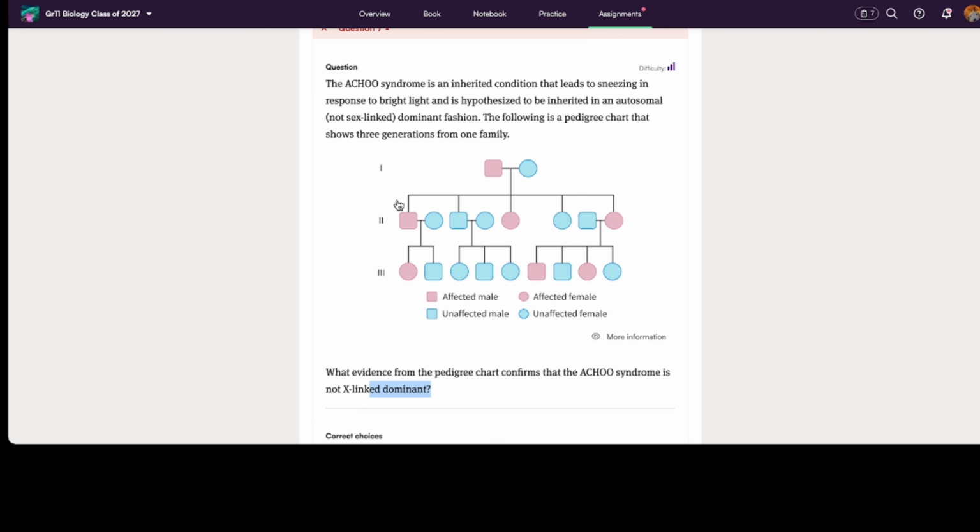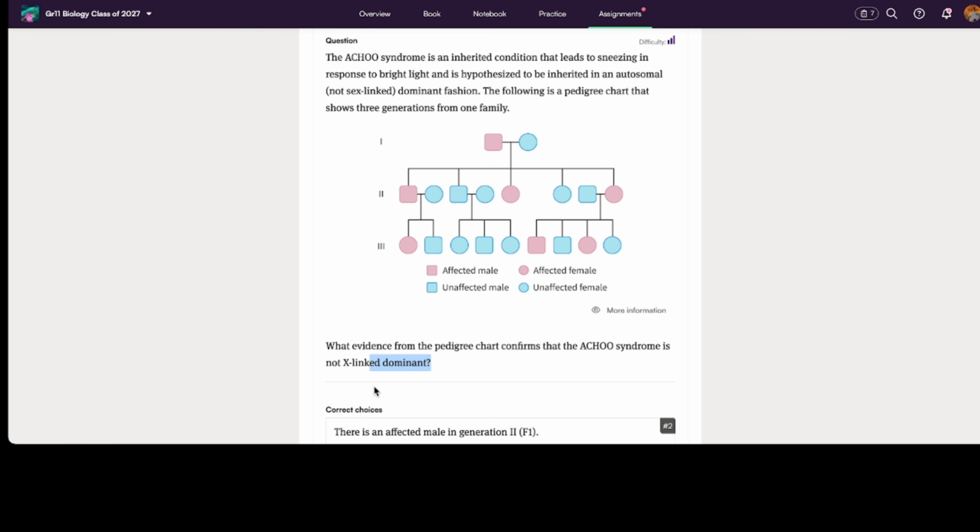So we see that there's an affected male in F1, and that proves that it is not X-linked dominant, because if it was, the son should not be able to get this since the mother is healthy. So we know for sure that the mother didn't give him the problematic X, and the father gave the Y, which doesn't have any problems.